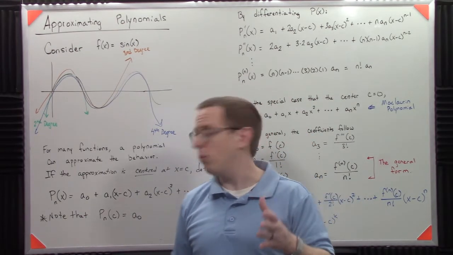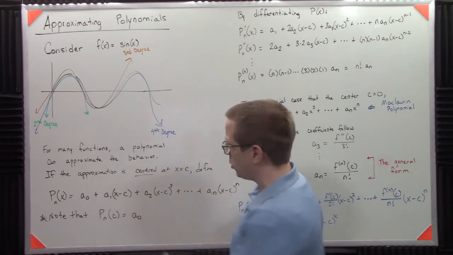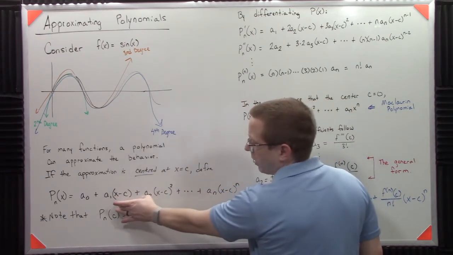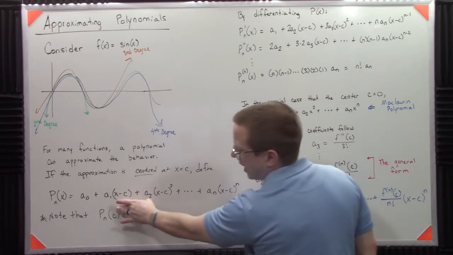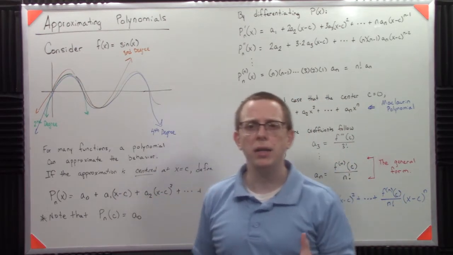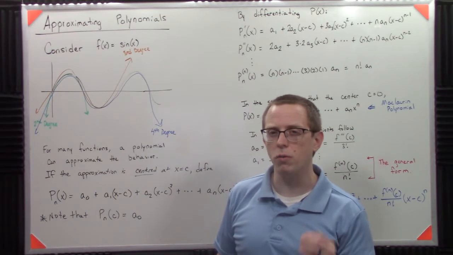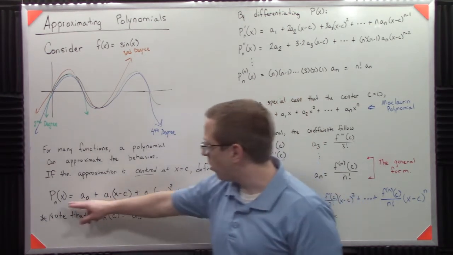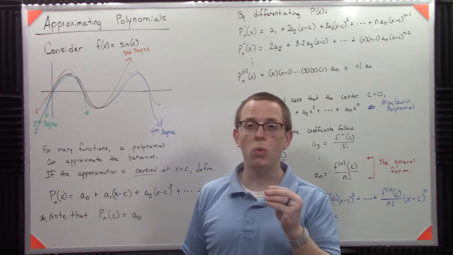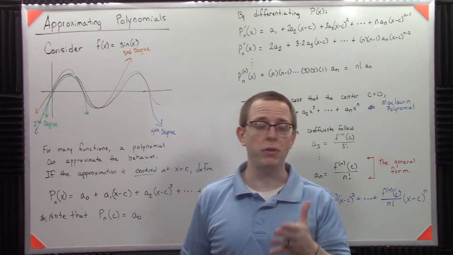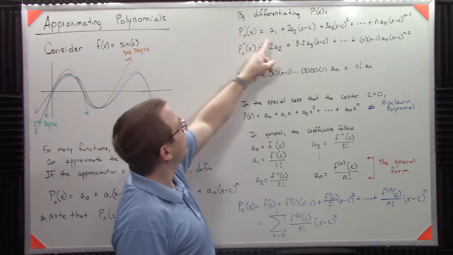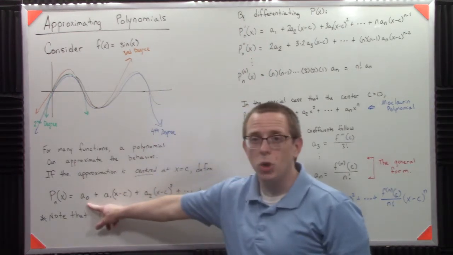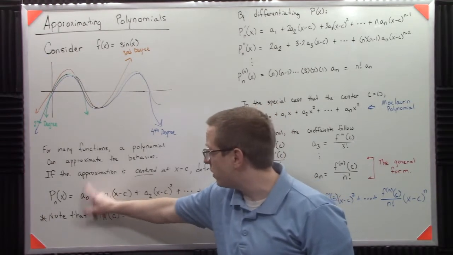But what about for the linear term? I can't just plug c in, because anything that would make these disappear makes that disappear. So how do I come up with a convenient way to solve for what a1 is? Well, this is a polynomial, so I know through calculus what its derivative is. If I take its derivative, the a0 term disappears, because the derivative takes care of that.